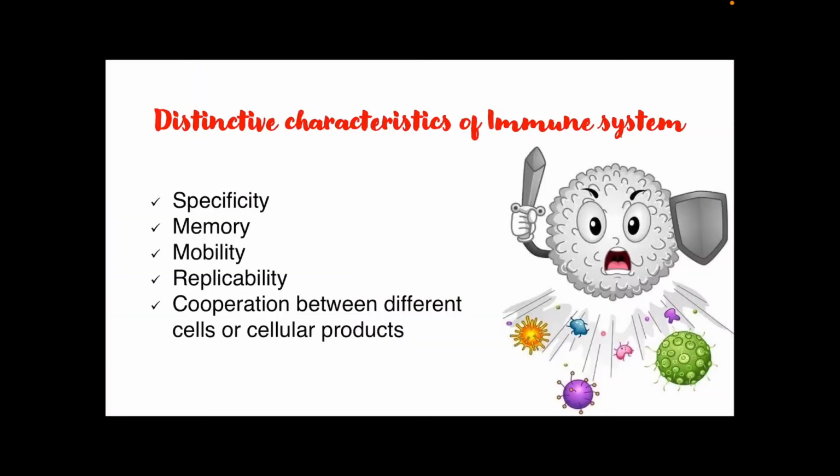Although our immune system is composed of a large, complex set of widely distributed elements, it is still distinctive in its characteristics, such as specificity and memory. This includes the production of antibodies whenever we are exposed to foreign antigens. This specificity and memory are characteristics of lymphocytes.